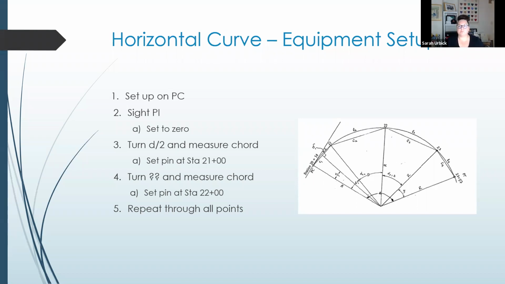So we set up on our point of curvature, we sight in on our point of intersection, locate that information, set our equipment to 0. We turn 1/2 of our interior angle to that first station, which in this case we found was not quite 15.